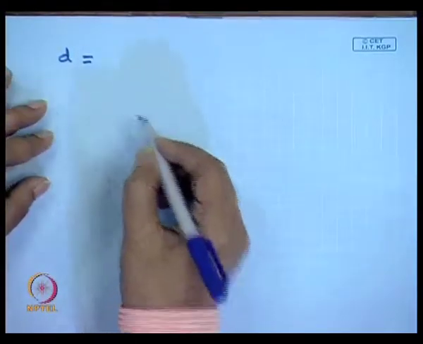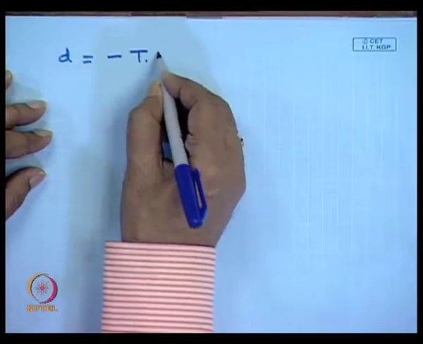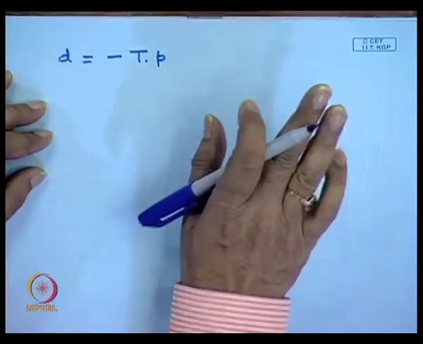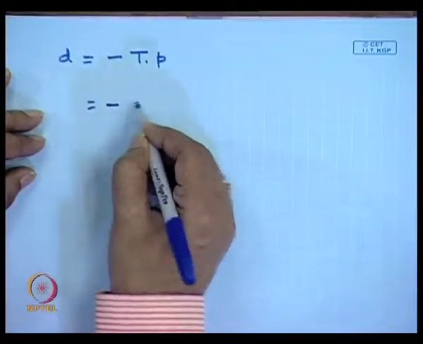If we choose d equal to minus t into p, then this direction will satisfy two conditions simultaneously. One is that it is a feasible direction, and not only that, the objective function value will be less than the previous objective function value. Agree? So, what is t?